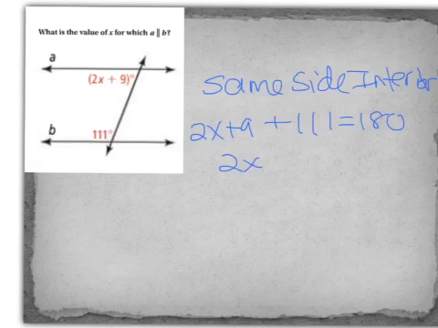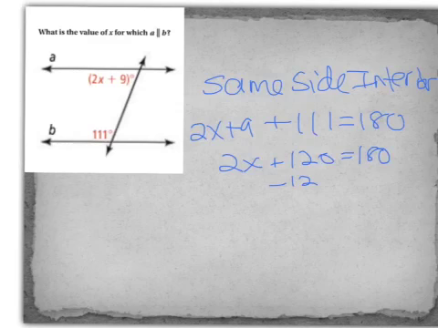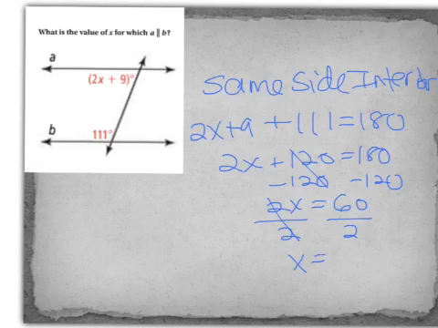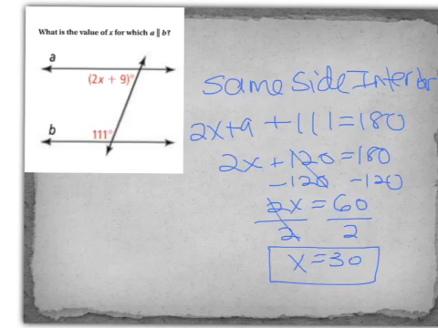We combine like terms. 9 plus 111 is 120. Subtract 120 from both sides. 2x equals 60. Divide by 2 on both sides. X equals 30. Which means the value of x in order for A to be parallel to B would have to be 30.